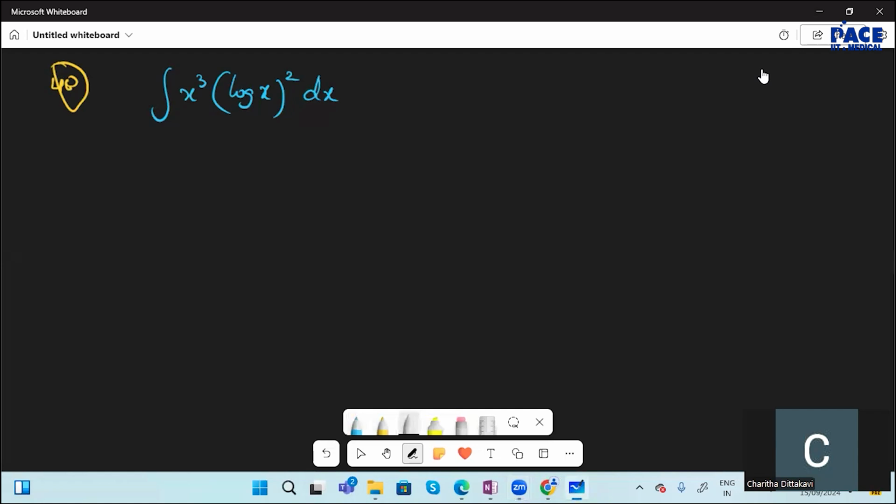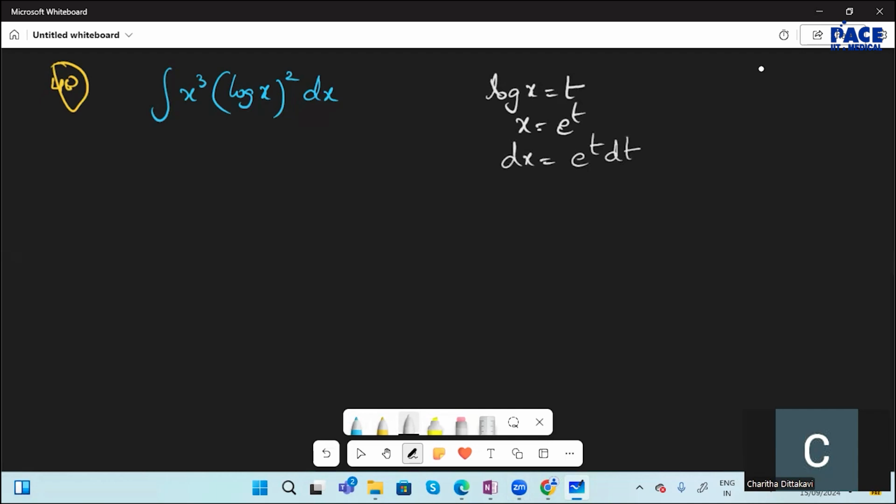Yes. Now the next question, the 40th question, the last question of this session, is integral of x cube log x whole square dx. So here also, what do I have to consider? If I consider log x equal to t, x is equal to e power t, obviously dx equal to e power t dt. Clear till this?